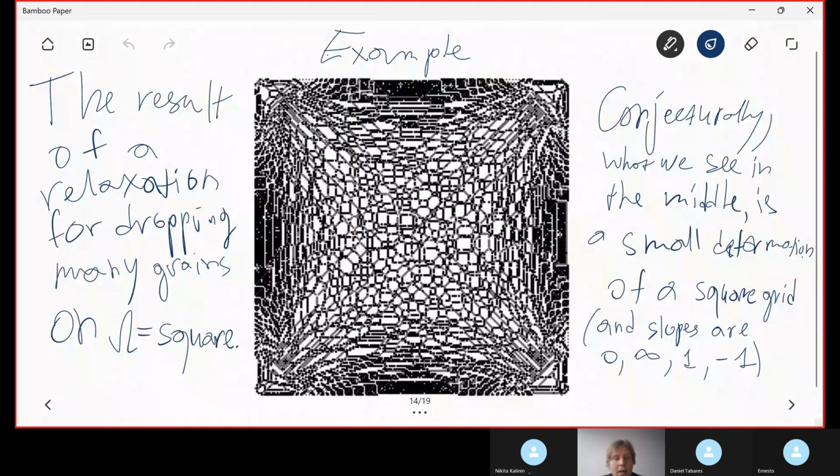Okay. So this is the picture from our paper, with many authors, including some of the guys present here. So Ernest, Nikita, and me. Yeah. And so that's what happens when you add a lot of points on a square.